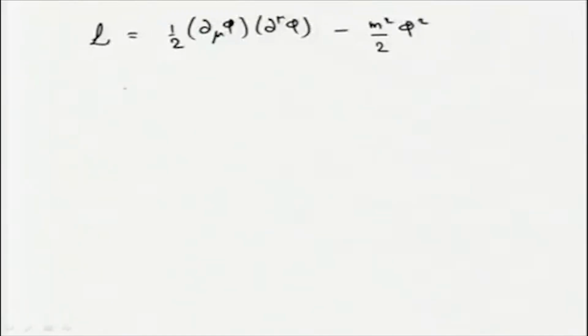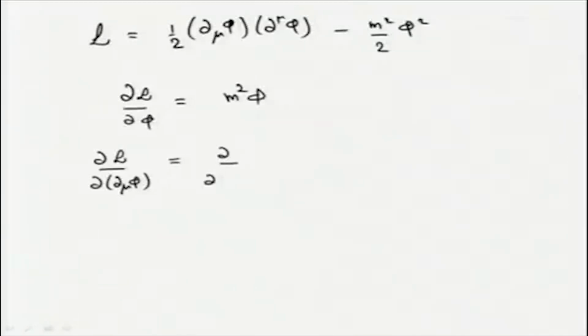In that case I can write ∂L/∂φ, I will get it as −m² φ, and ∂L over ∂(∂_μ φ). How do I write it? In the second term there is no ∂_μ, but the first term has. So, what I will do is write it in a more convenient way.